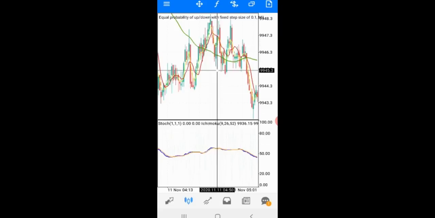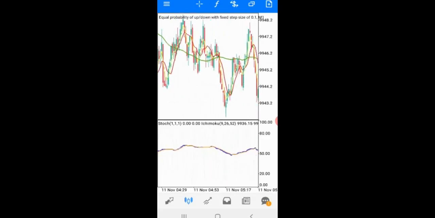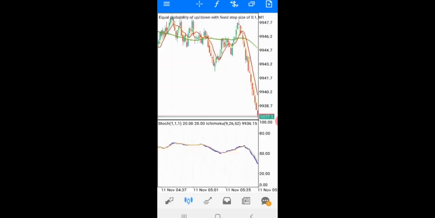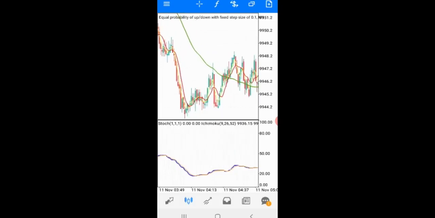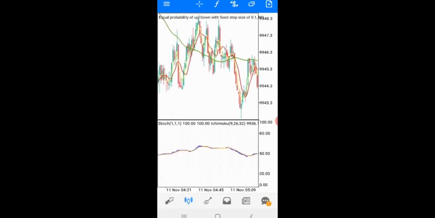So many people think it has crossed. If you are using only this confirmation, confirming the trade with just this criteria, you will lose here. You just lost your money from here because you think it's a buy. But see, it's a sell. So you should make sure it is at the oversold level before you buy, not at the overbought level.